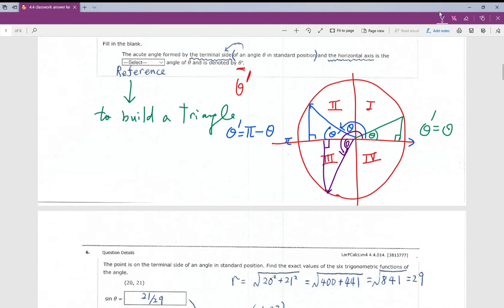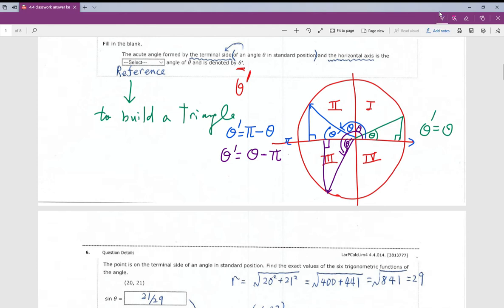We say theta prime. So theta prime will be the biggest angle, the purple angle. Purple angle is theta, right? Theta is very big. And then you take away pi. So the whole purple angle theta, take away pi, then you have the reference angle theta prime.